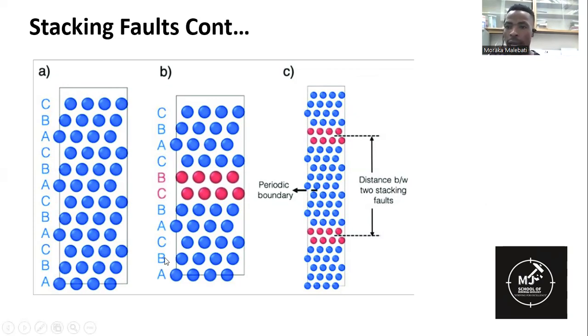But now look at the pattern, ABC, AB, and then I expect C, but something is missing. Then we say that is a fault boundary. It was supposed to be ABC, ABC, and then A. Oh, it means A is missing, because it's A, B, C, then A, B, C.